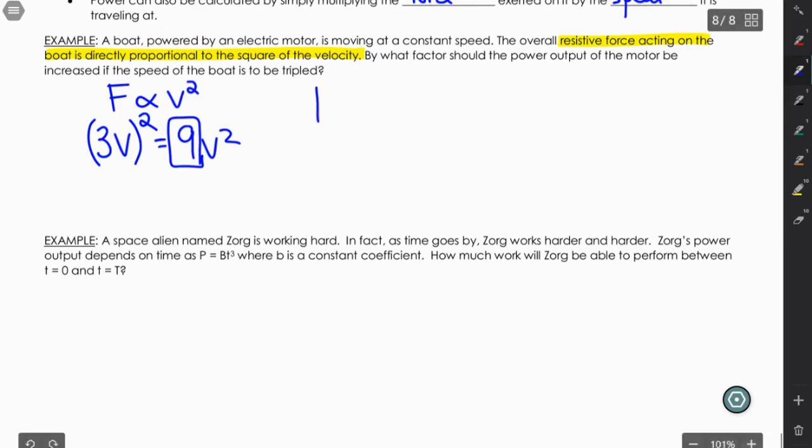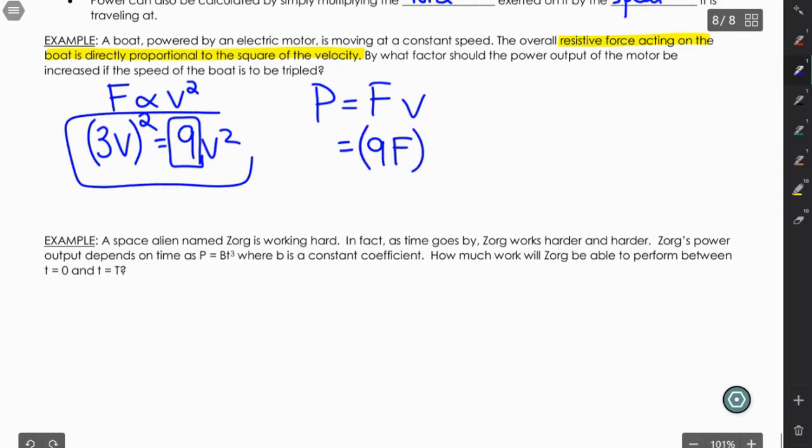But if we use the power formula, P equals FV, that means I have to do 9F, based on this process over here, but then I'm also going to triple my speed, okay, which means to do this situation, I would have to increase my power by 27 times, okay?